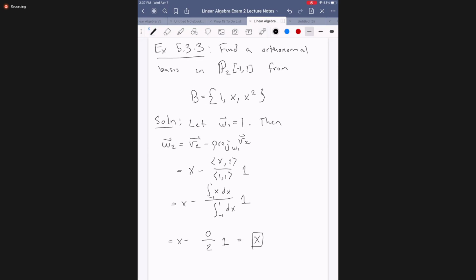And then W3. Well, what's it going to be? It's going to be V3, which is x squared minus the inner product of x squared with W1, which was 1, over the inner product of 1 with 1, times 1, minus the inner product of x squared comma x over the inner product of x with itself, times x.